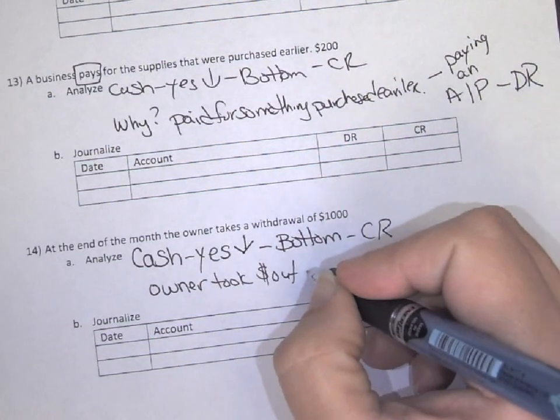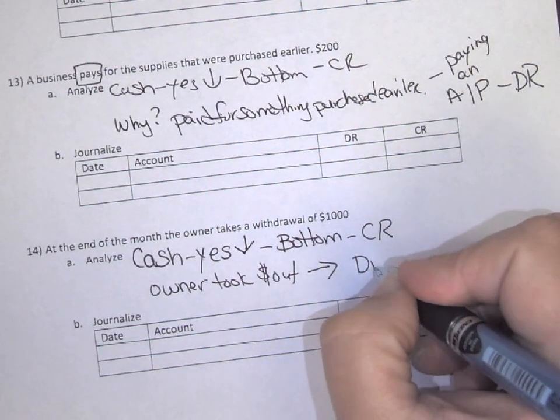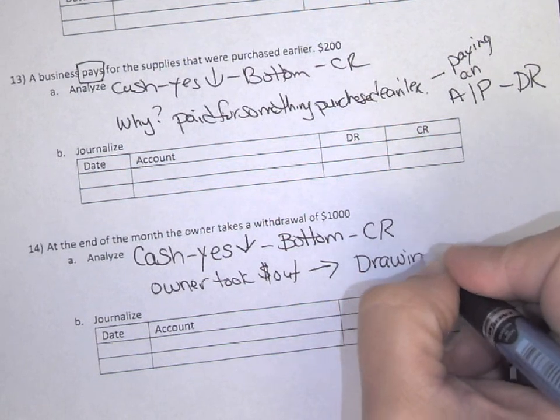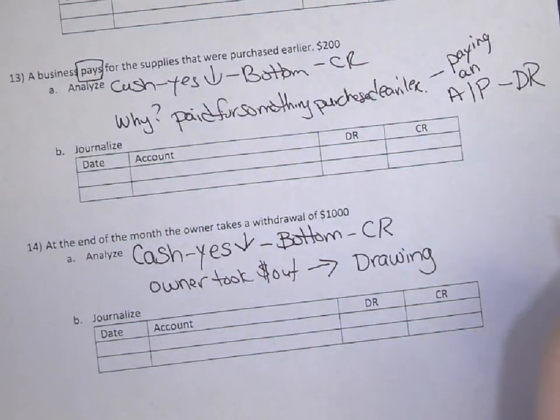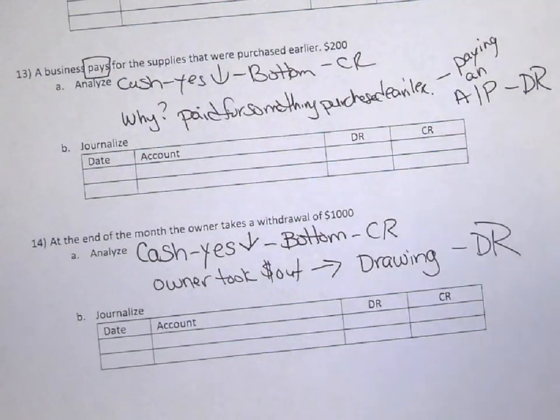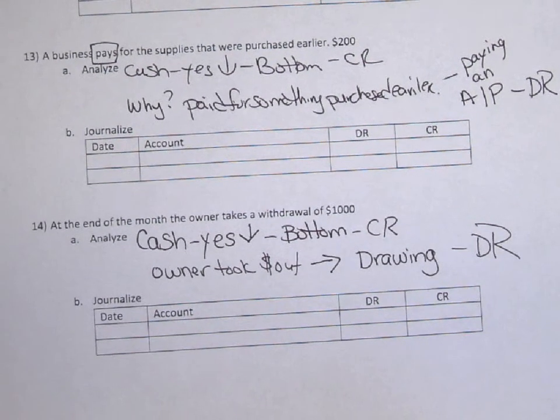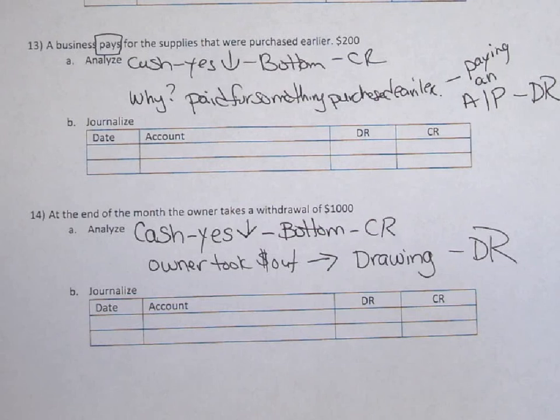When the owner takes money out, the account that we are going to use is the drawing account, and that is going to be our debit account. So that is how we look at analyzing accounts. We have to figure out what accounts we're going to use, and then we have to figure out what account will be debited and what account would then be credited.